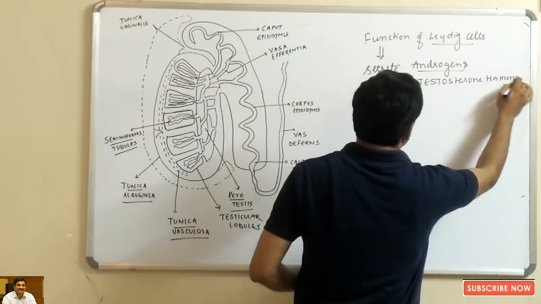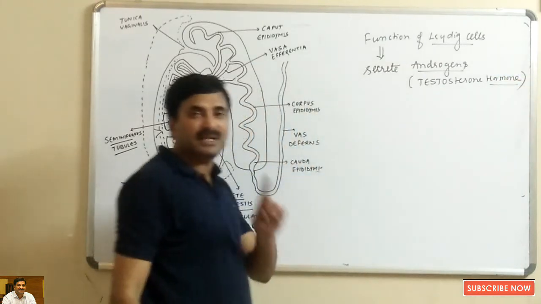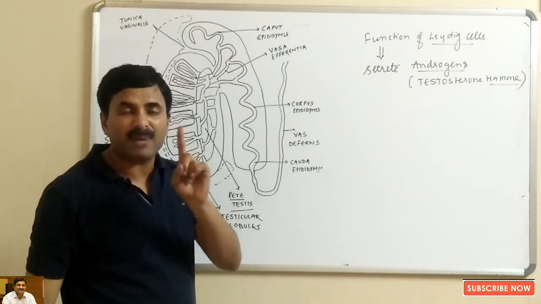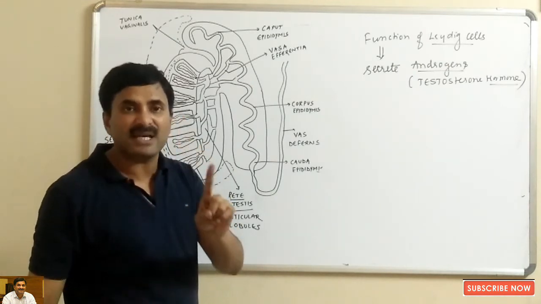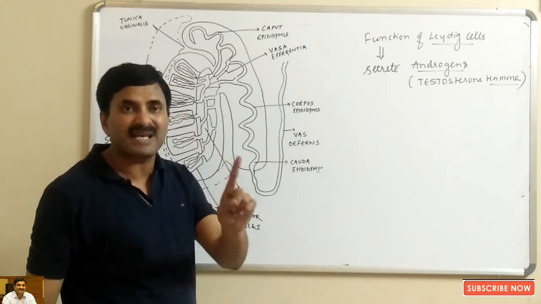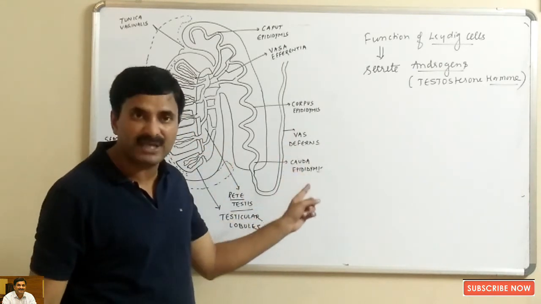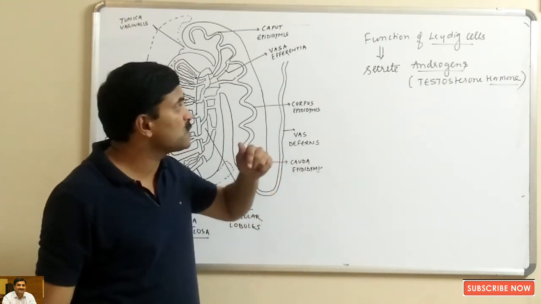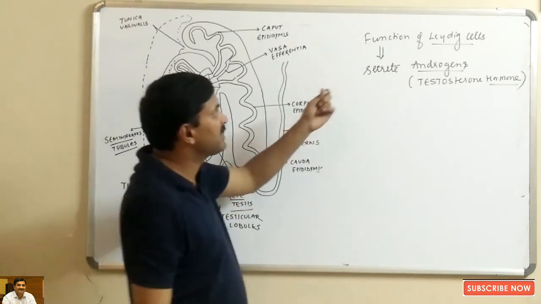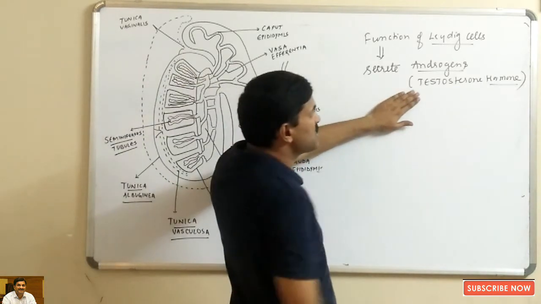Today we have started with the testes, and we have said that testes are primary sex organs. The great difference between the primary sex organ and the secondary sex organ is that primary sex organs produce what? They synthesize the sperms that we have seen already here, and they can also secrete the hormone that is known as testosterone.